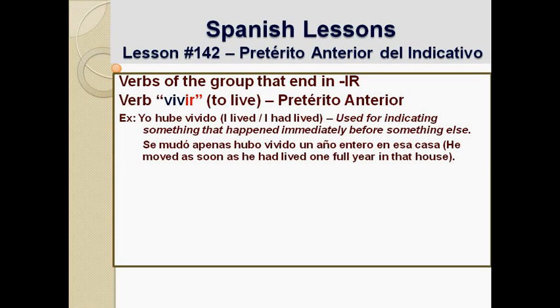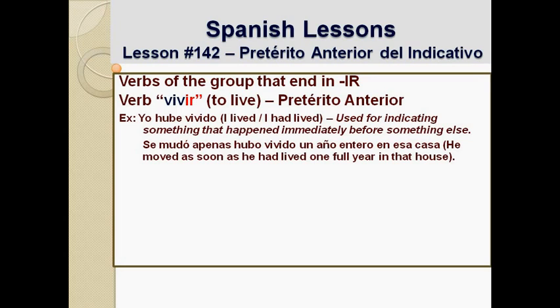Okay? Here we can see there are two different moments that happened in the past. However, one moment happened immediately before the other one, right? In this case, he moved as soon as he had lived one full year in that house. So what comes immediately before? He had lived one full year in that house, right? Immediately after comes he moved. Okay?